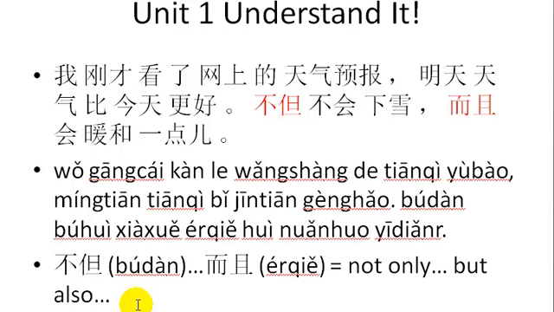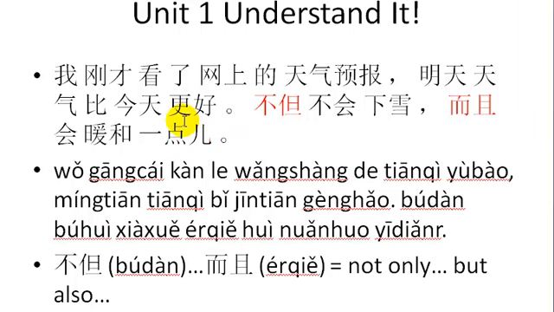So here's a construction you can use in Chinese to do that same thing. Not only, but also. So 不但不会下雪. Okay, not only will it not snow. 而且会暖和一点. I think you know what 不但不会下雪 means. What about this 而且会暖和一点?